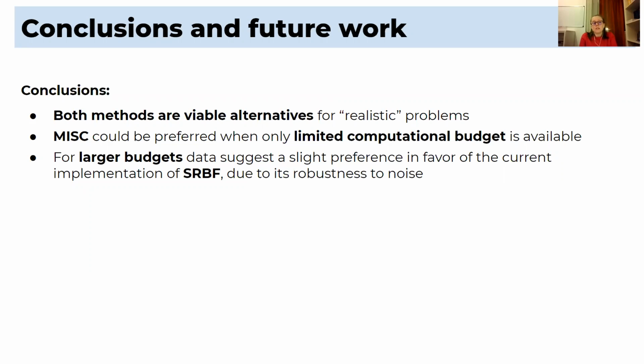But if a larger budget is available, maybe one should choose SRBF. And the reason is the robustness to noise. We have seen that by introducing the least square regression, the SRBF gives a robust approach with respect to the noise.